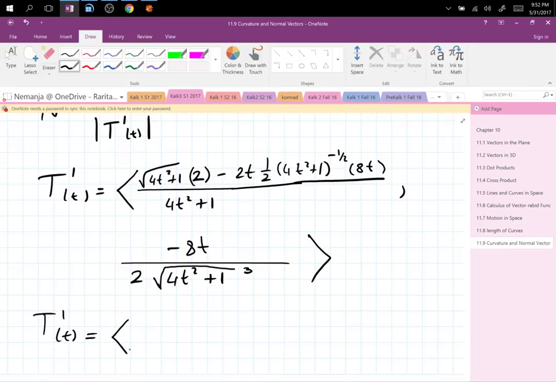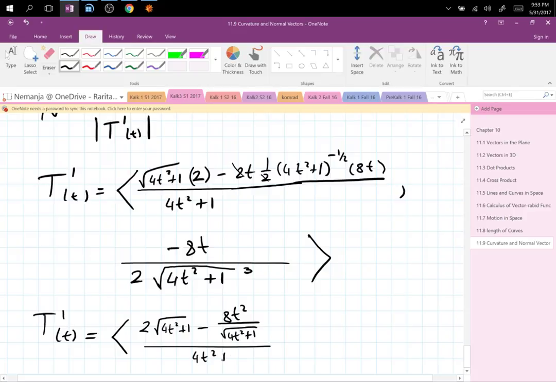I get 2 square root of 4t squared plus 1, minus 8t squared over the square root of 4t squared plus 1, comma.